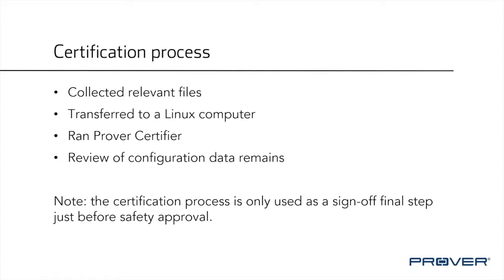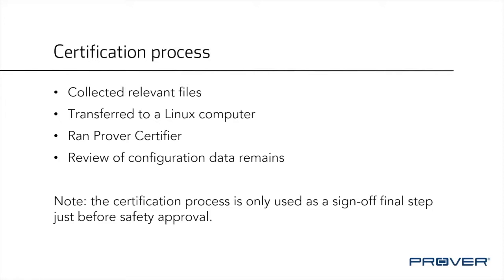What I did was collect relevant files, transfer them to a Linux computer, and run Prove Certifier. The only thing that remains for this to be a real thing is to review the configuration data. It might look a bit heavy to have a Windows program as the basis for the work, but you have to turn to a Linux computer when you do the sign-off verification.